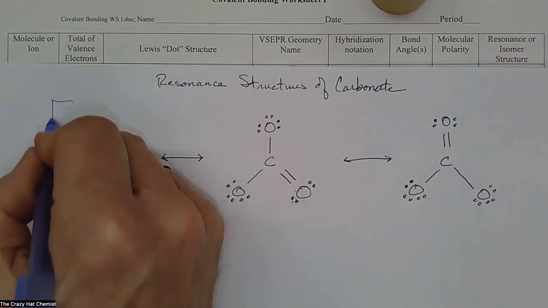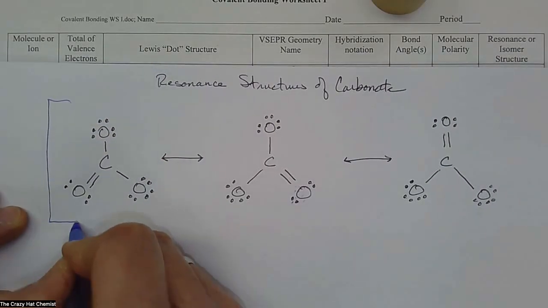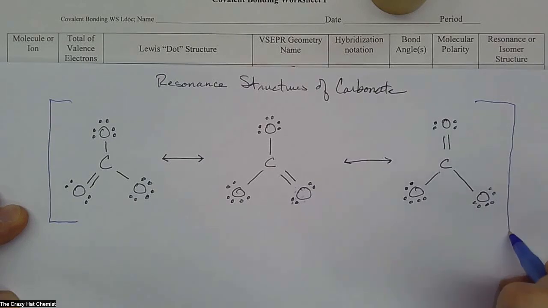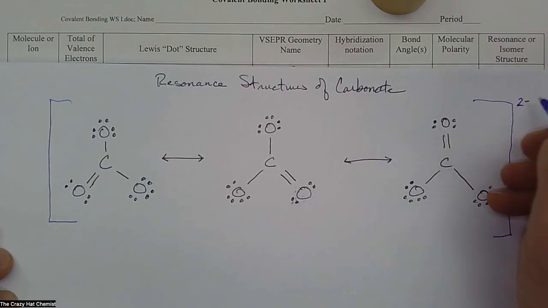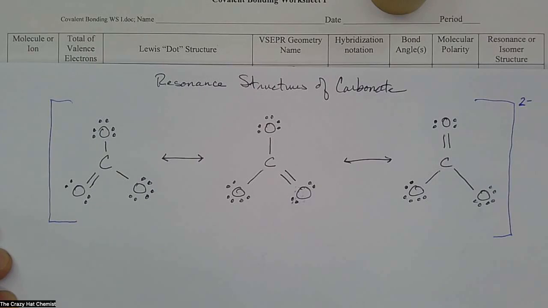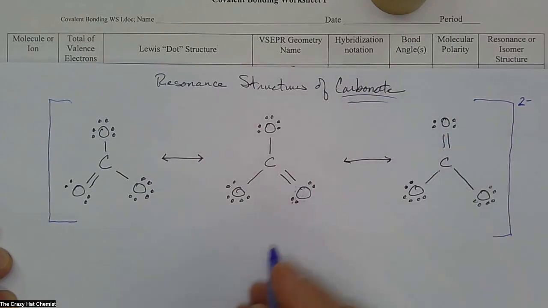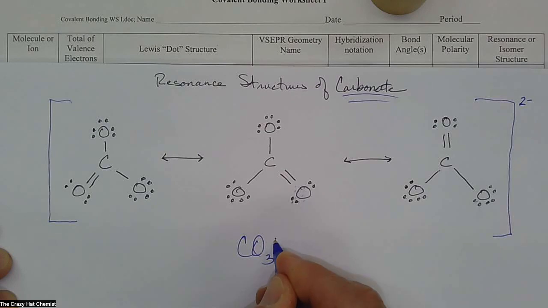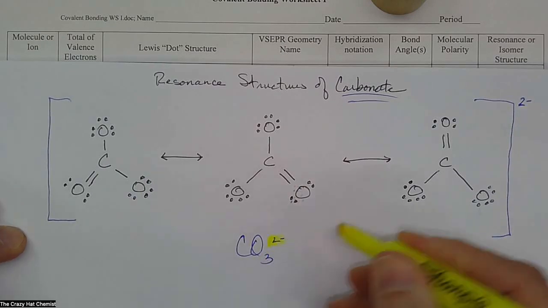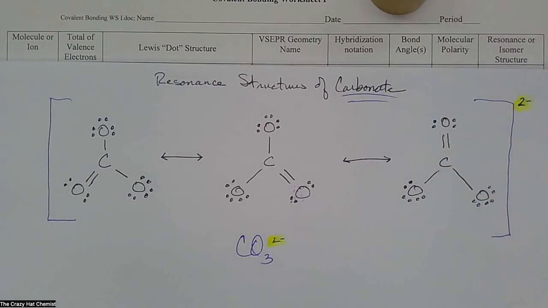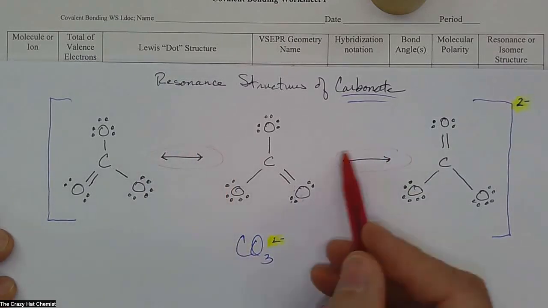Because this has a charge to it, we're going to put this in brackets and the charge up here, just like it normally is. So it's carbonate, and that is CO3 2 minus. So I certainly have that 2 minus charge right here and up there in the same location, and that's how you do that. Again, I have these double-headed arrows in between these.